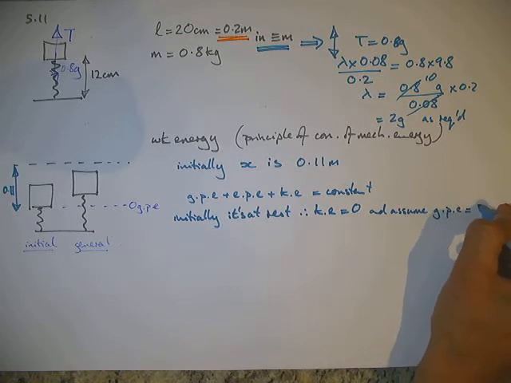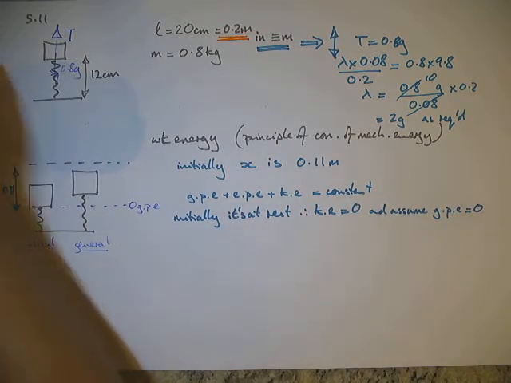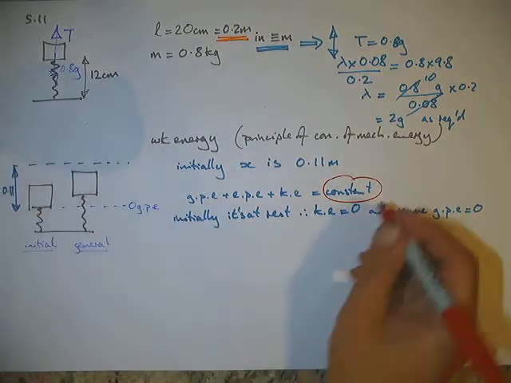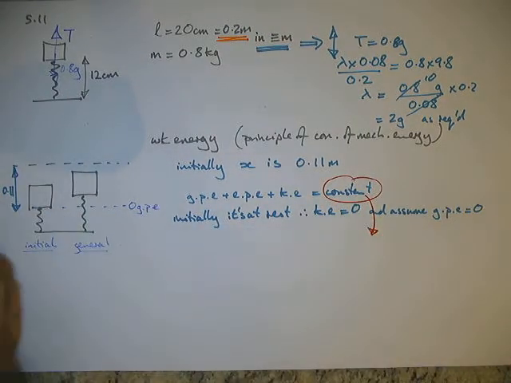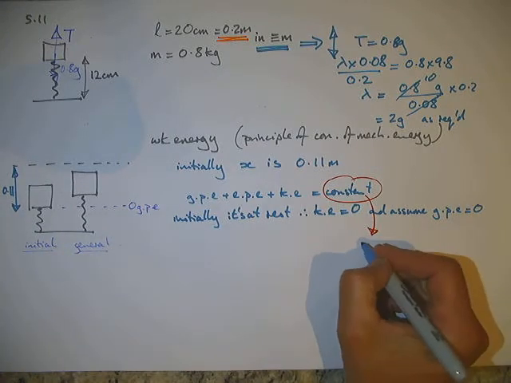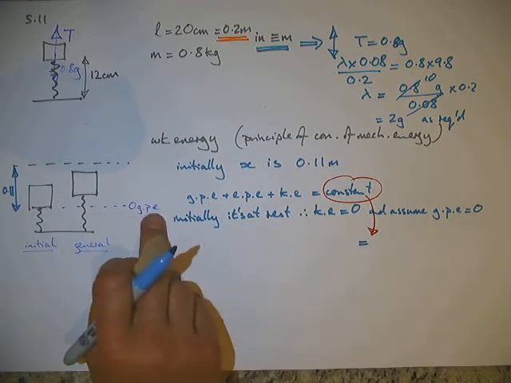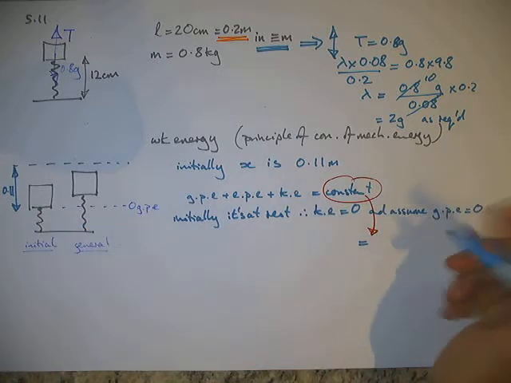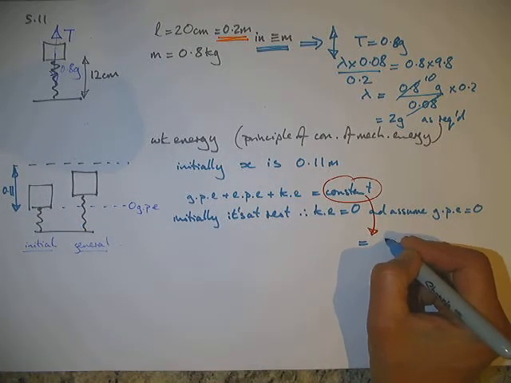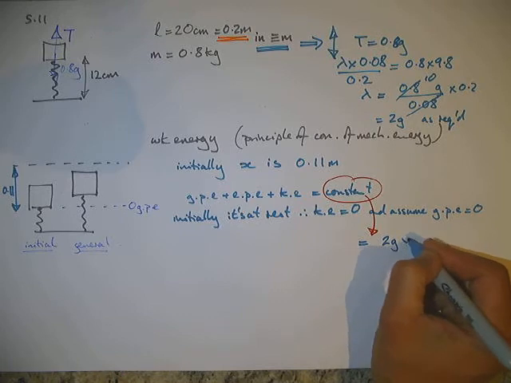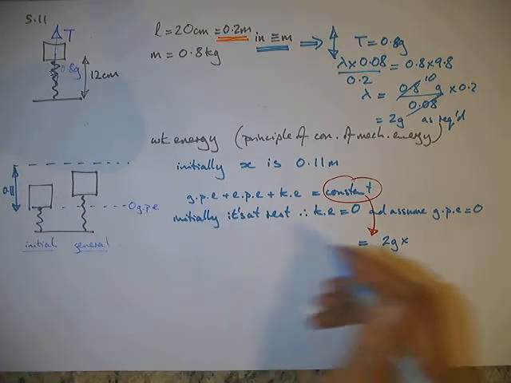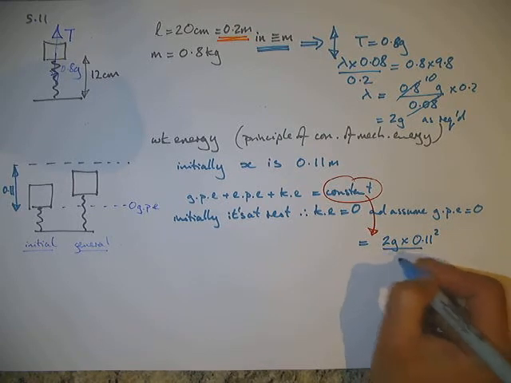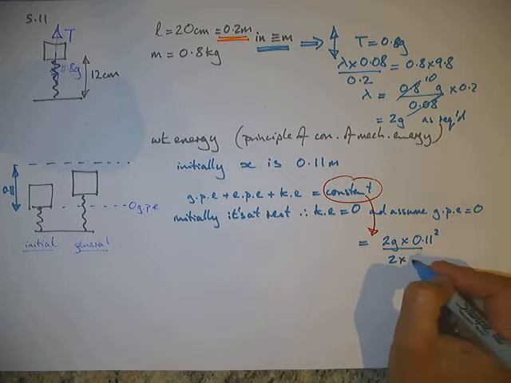So this constant bit will be the elastic potential energy at the beginning, which is going to be lambda x squared over twice the natural length.